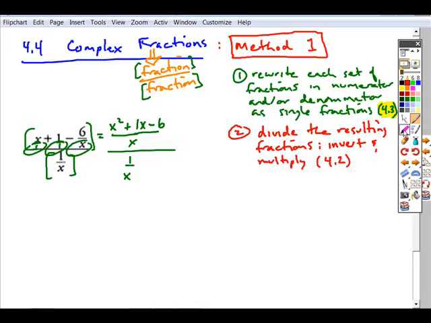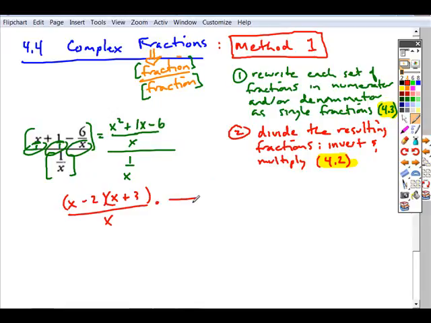Okay, so after we do the rewriting of the fractions, we can now invert and multiply. So all we need to do here is factor our first fraction. So this numerator does have binomial factors. The two factors of negative 6, whose sum is positive 1, are negative 2, positive 3, all over x.